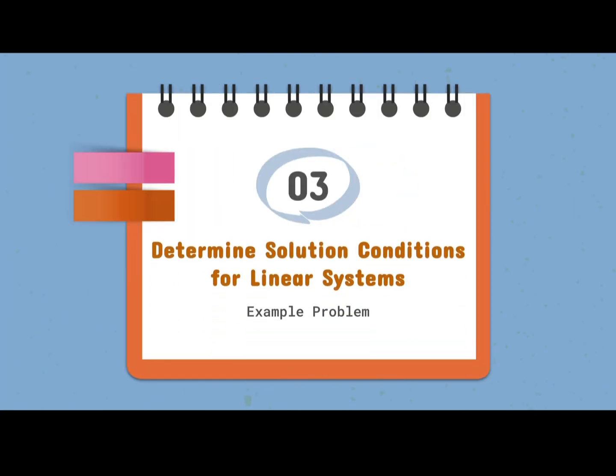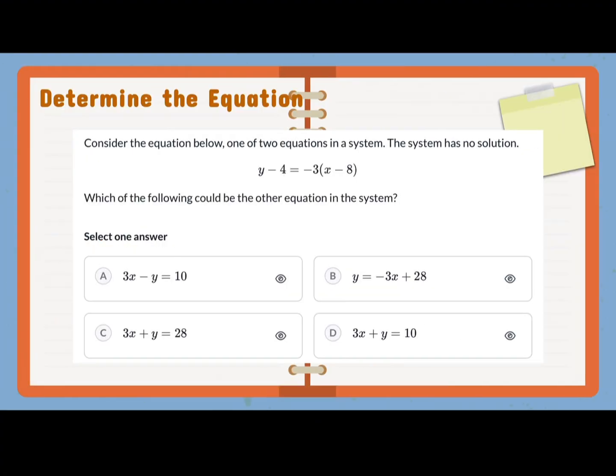Okay, for our third one here, determine solution conditions for linear systems. So we have this equation here. We have y minus 4 equals negative 3 times x minus 8. And if you look here, it says this system has no solution.